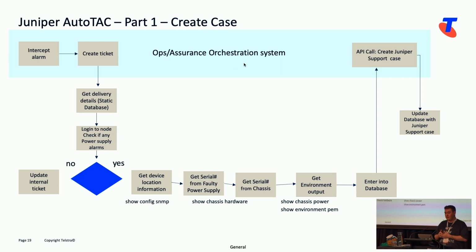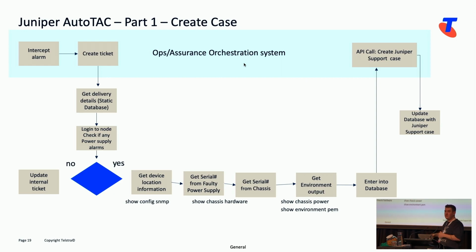So using that orchestration system, we intercept the power supply down alarm, we create an internal ticket, then we find the location of the device and the delivery location of the device.